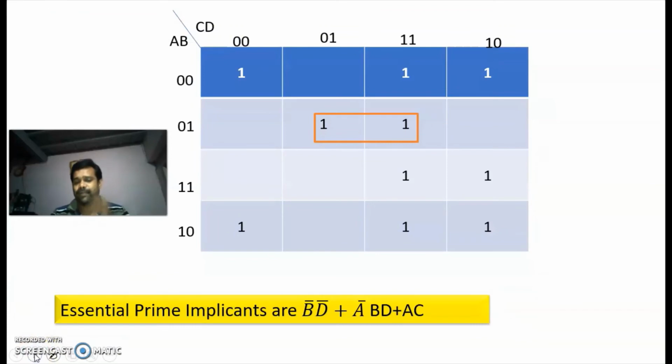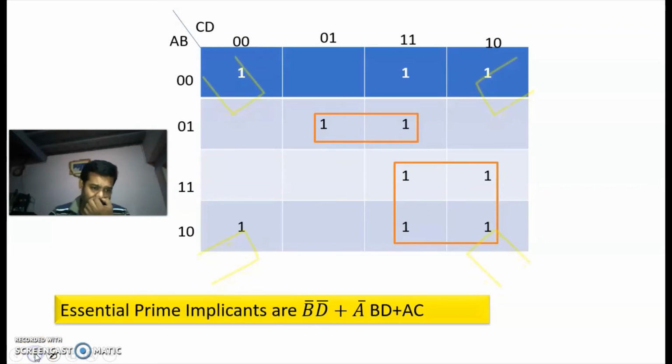Now, this is the first essential prime implicant. This is the second essential prime implicant, and this is the third essential prime implicant.